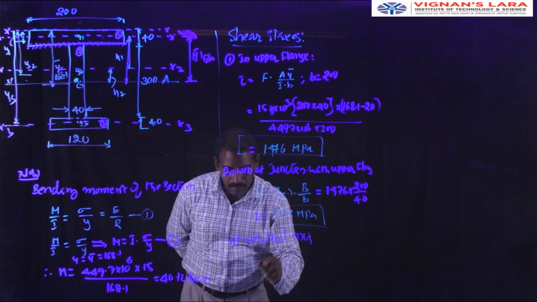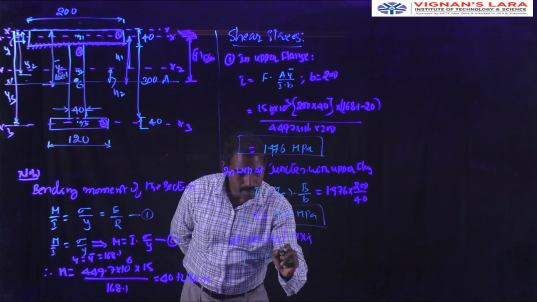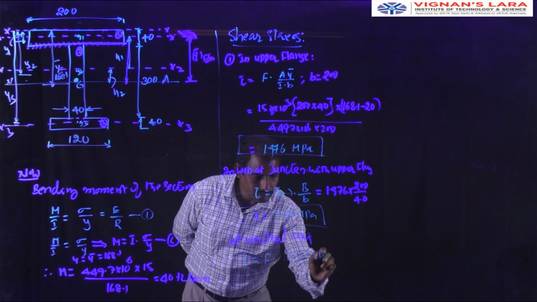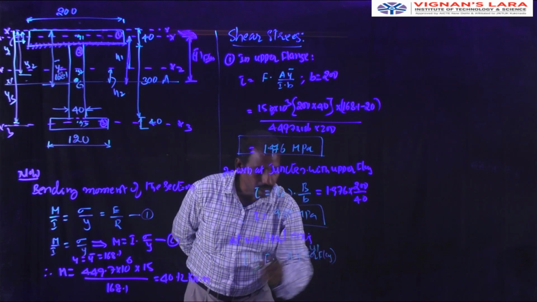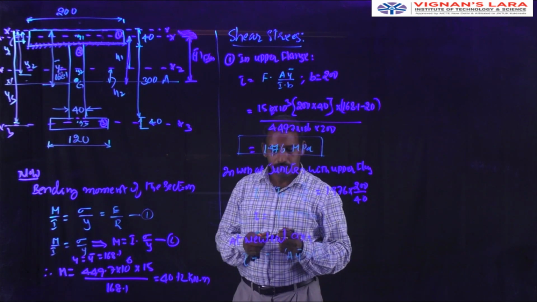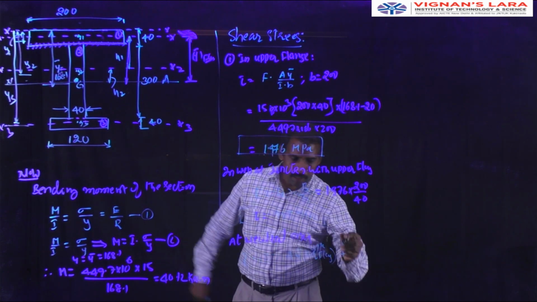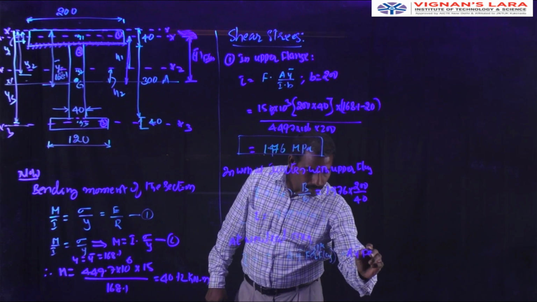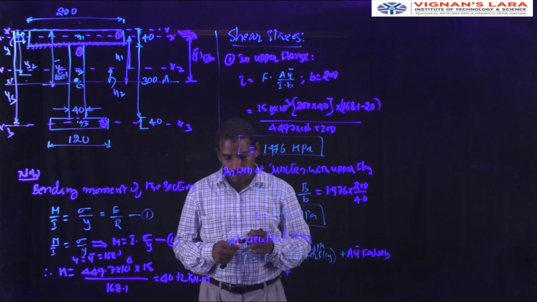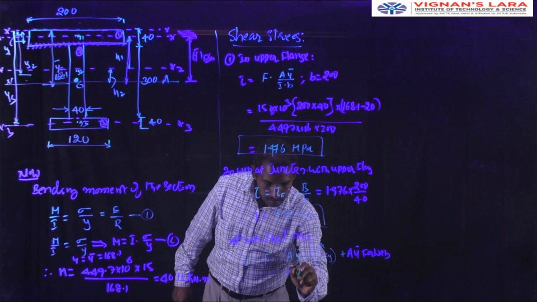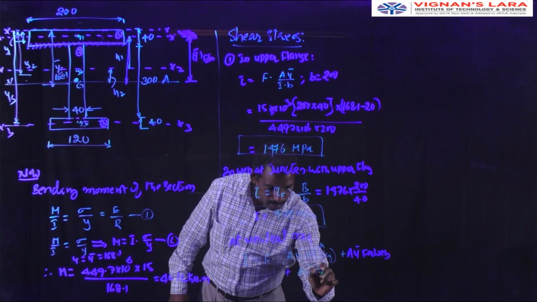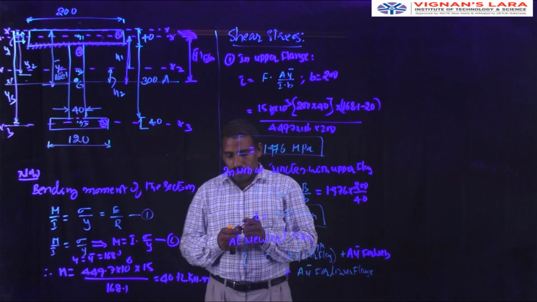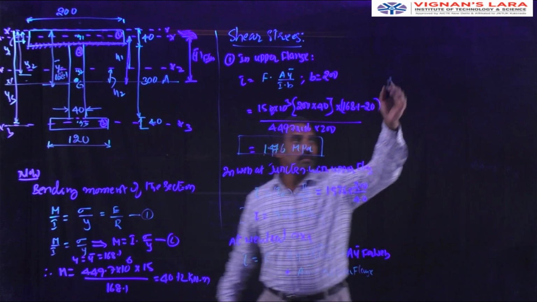Finally, tau is equal to shear force into A y bar for the flange, that means the upper flange, plus A y bar for the web, plus A y bar for the lower flange. So finally the value becomes, what about that value?